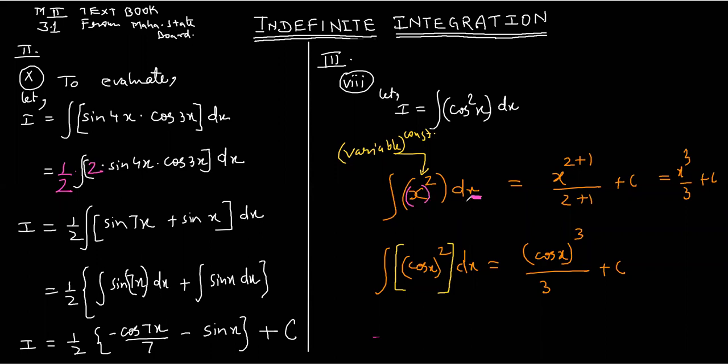So remember students, this is very specific. When you apply the result of variable raised to constant, the variable you have in the result should be the same as this variable. Now here, if I ask you to name the function, you would say, sir, it is again variable raised to constant.